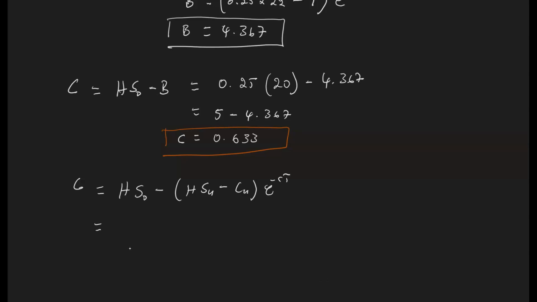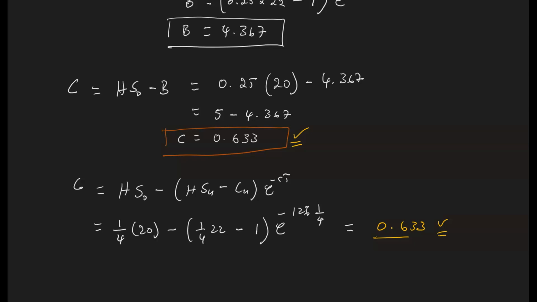That would be equal to 0.25 multiplied by 20 minus 0.25 multiplied by 22 minus the call up, which is 1, and then present value minus 12%, 1/4. And this should give you exactly what we have here, which is 0.633. And that would be our call option price.